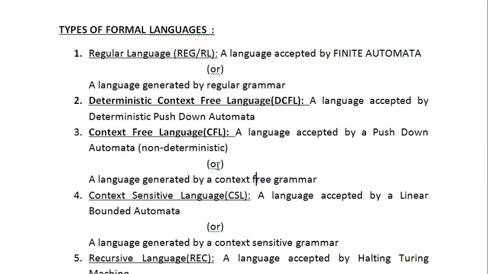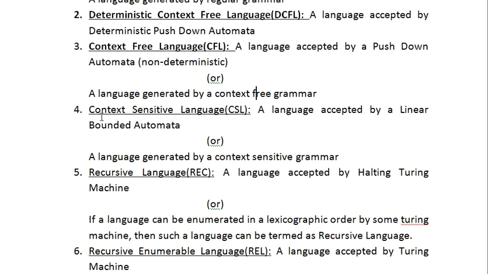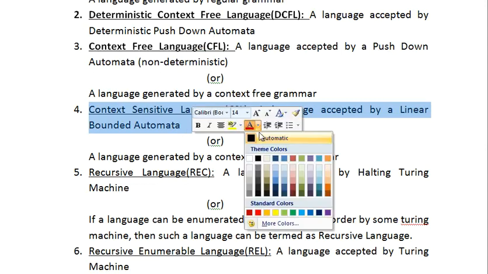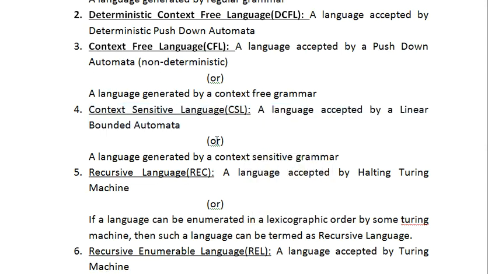Now moving to number 4. Four is context sensitive language, which is the fourth part of the particular hierarchy we will be learning about. This is nothing but a language which is accepted by a linear bounded automata, which is more powerful than push down automata. We will be learning about this in depth.